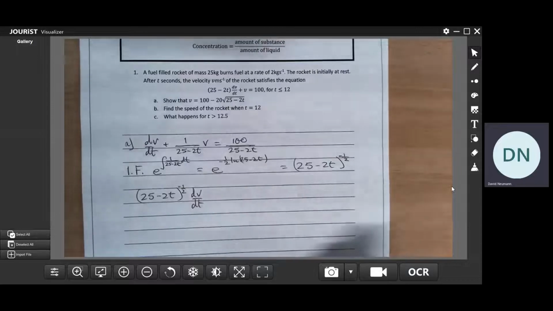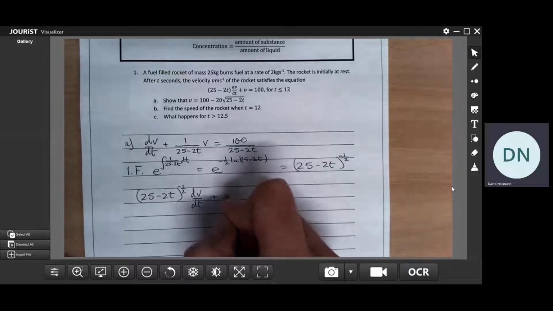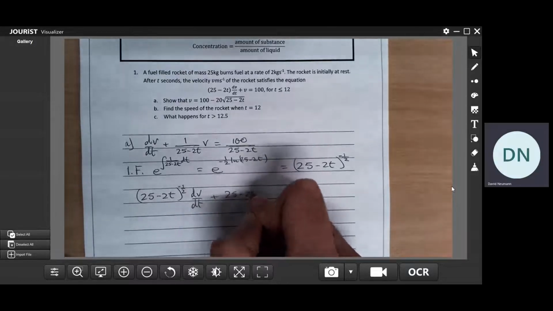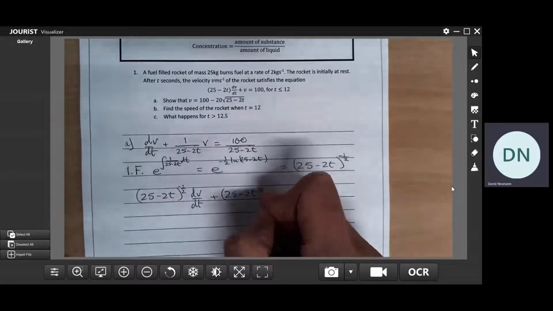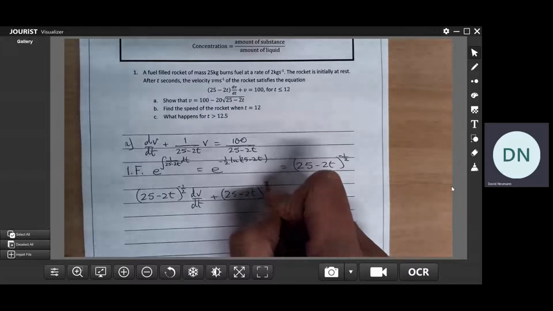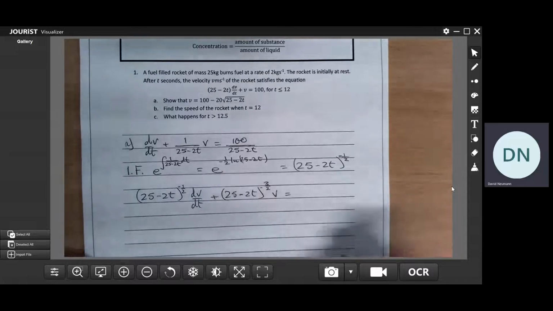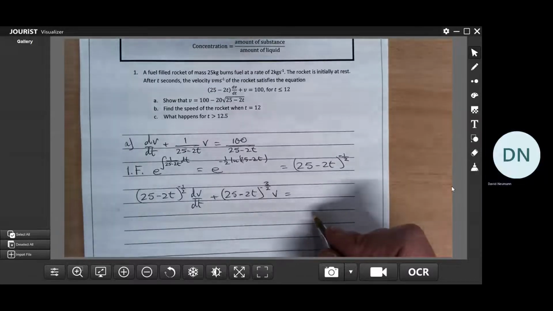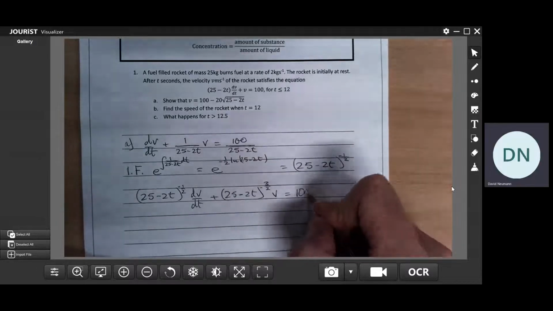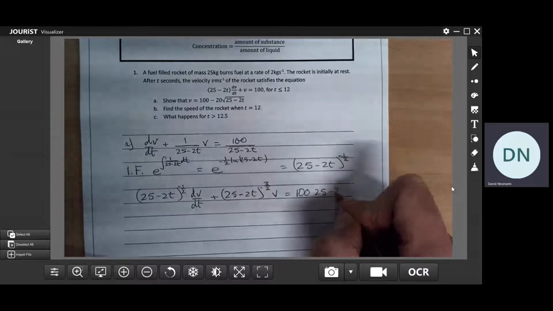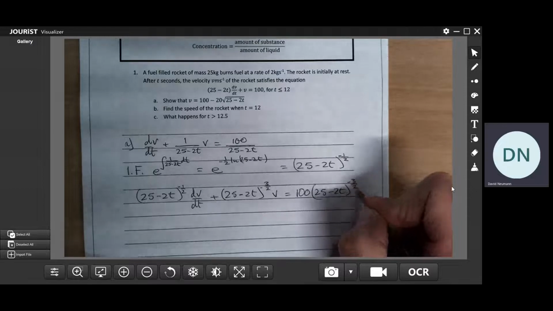The power of minus a half, plus, let's now write this as a bracket, 25 minus 2t to the power of minus 1 times the power of minus a half is minus 3 over 2, v, is equal to, on the right hand side, 100 times 25 minus 2t, also to the power of minus 3 over 2.